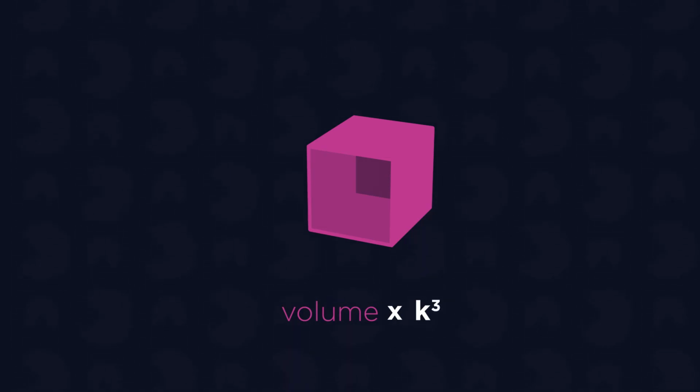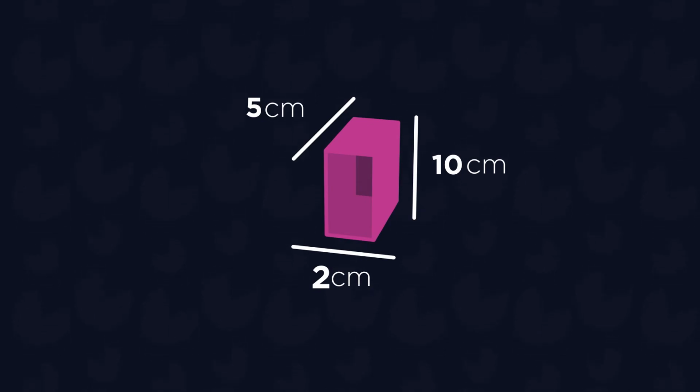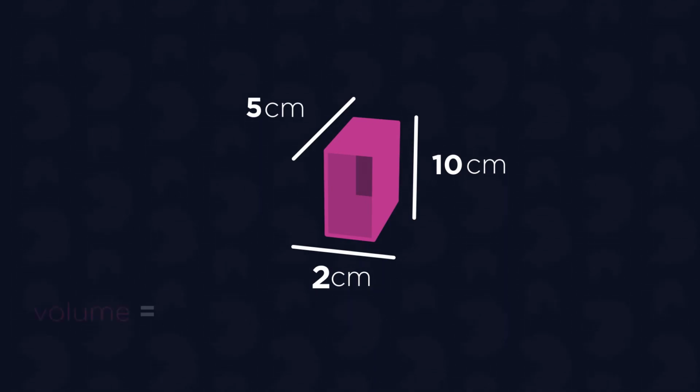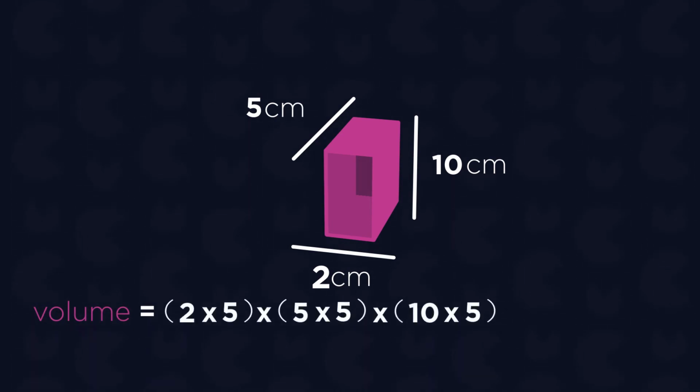Let's try it with our rectangle example. Let's add another dimension to our 2 by 5 rectangle. Say the height is 10. We enlarge the shape by a scale factor of 5. What's the volume? We could work this out by calculating the enlarged lengths of each side and then multiplying them together.